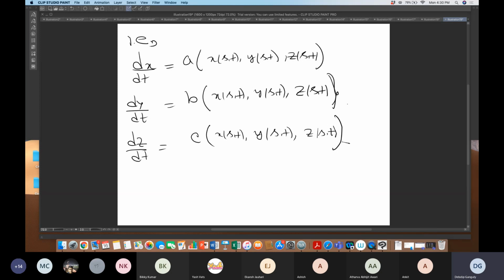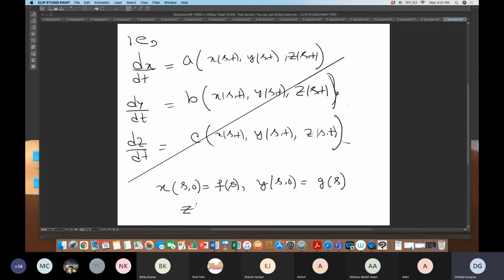Subject to the initial condition, x(s,0) is F(s), y(s,0) is G(s).